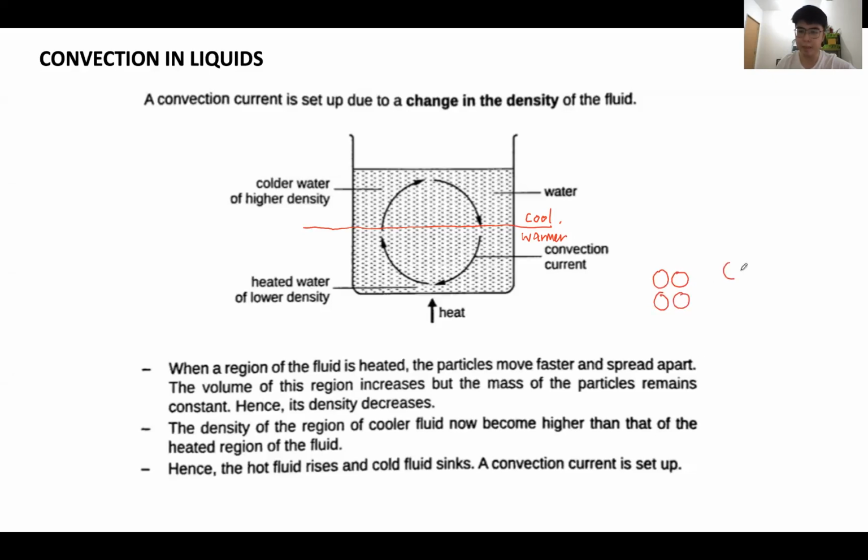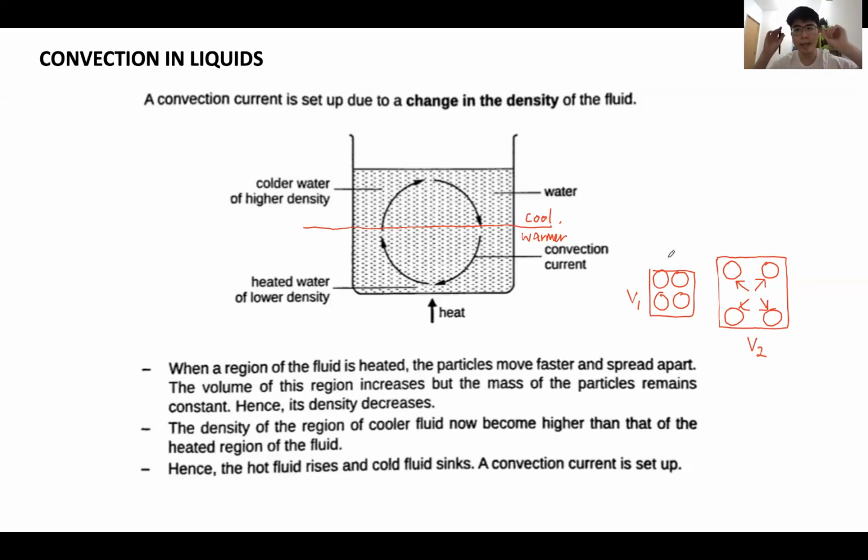When they expand, they move away from each other and acquire more volume. Maybe the volume enclosed by the 4 particles is V1. When you heat it, they move further apart, and now the volume acquired by this same amount of particles becomes bigger, V2.